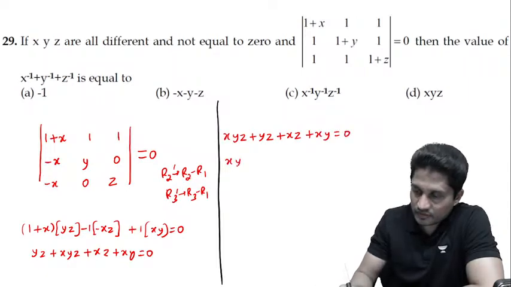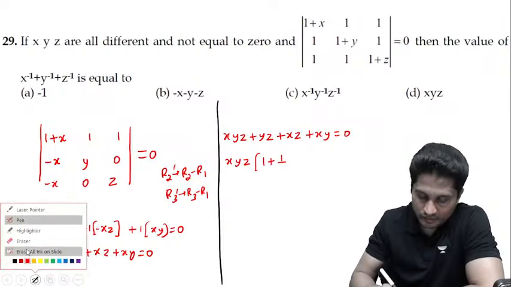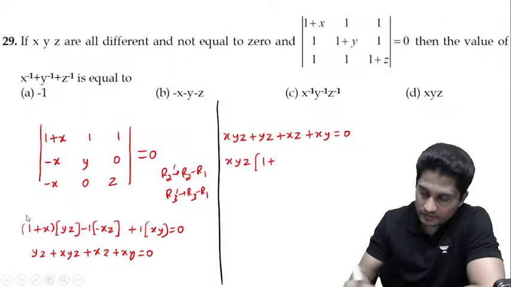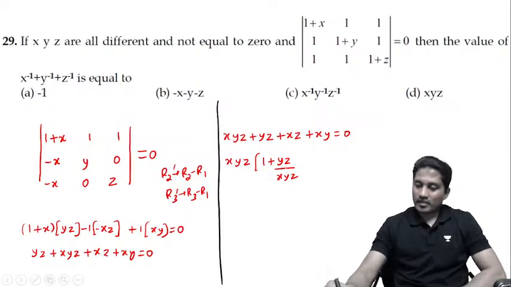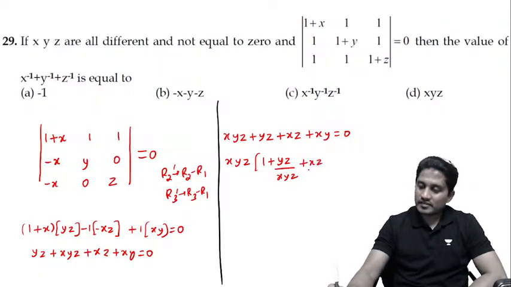If I take xyz common, this becomes 1 plus yz by xyz plus xz by xyz plus xy by xyz. Okay, and that's equal to 0.